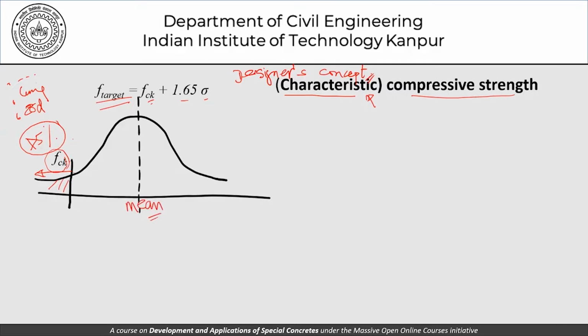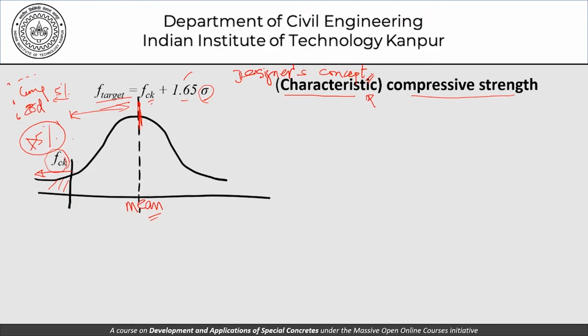So this 1.65 comes from the fact that we are talking of this distance being such that the area on this side is 5%. To do that, we get F target, which is this value here. This value is FCK plus 1.65 times the standard deviation associated with this distribution.